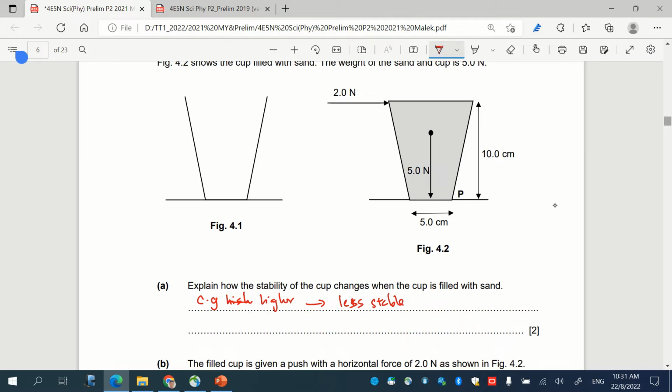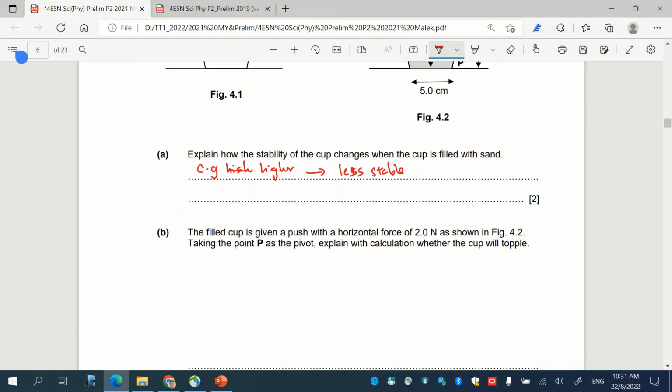And then if you go down further and take a look, the question said that the filled cup is given a push with a force of 2 Newton, figure 4.2. Taking the point P as a pivot point, explain with the calculation whether the cup will topple.